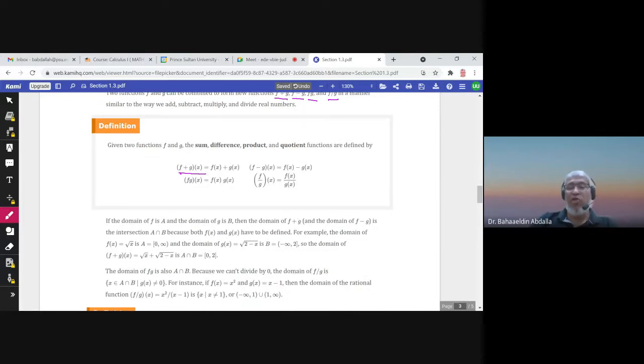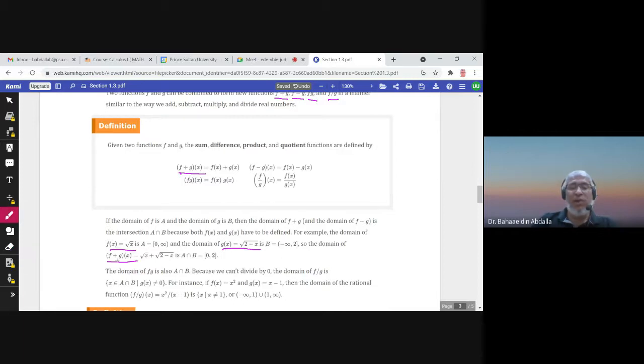Now, a question. For example, if f of x is square root of x and g of x is square root of 2 minus x, what would be f plus g of x? It would be f of x plus g of x, so it would be square root of x plus square root of 2 minus x. All right?